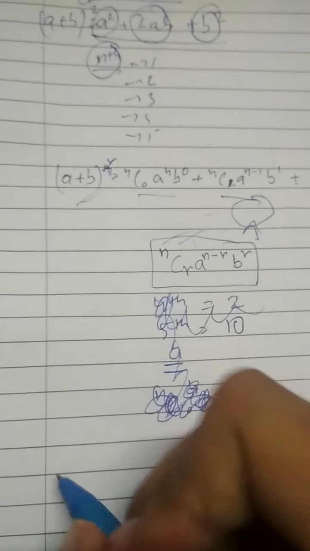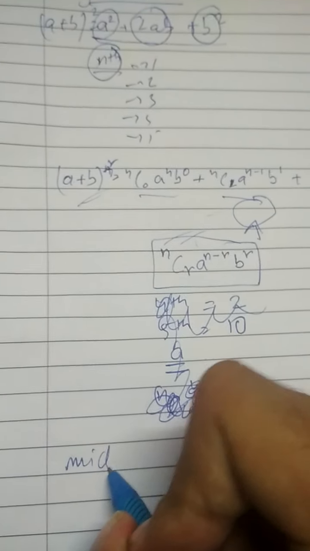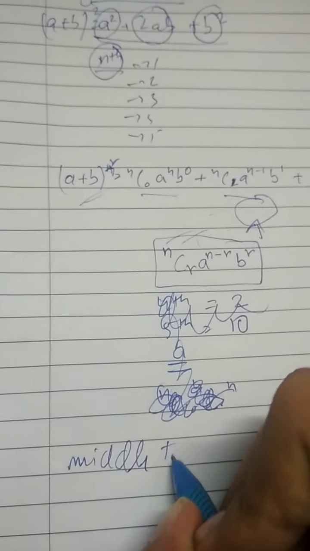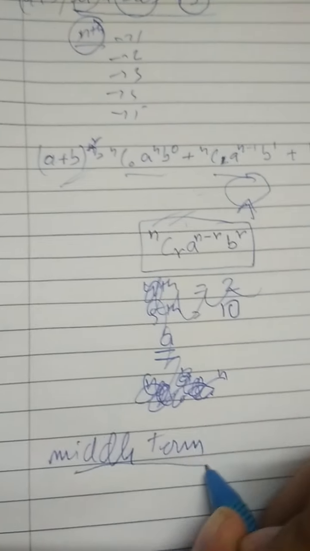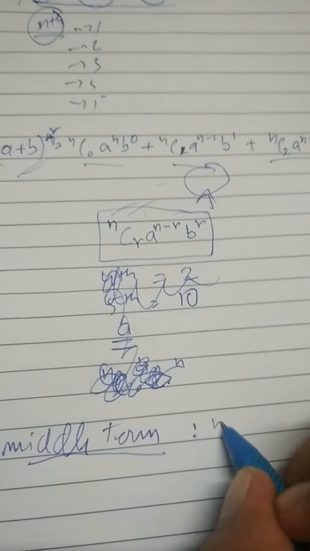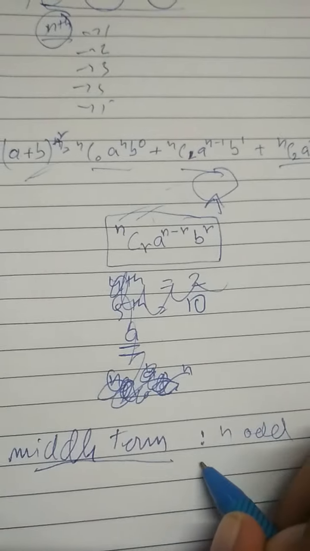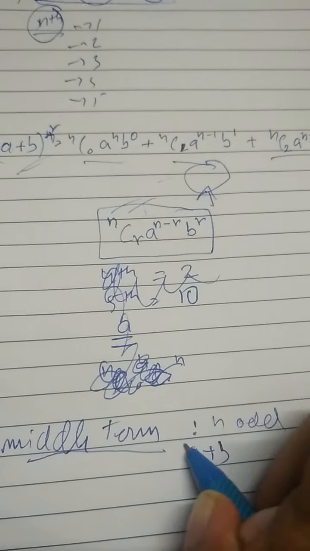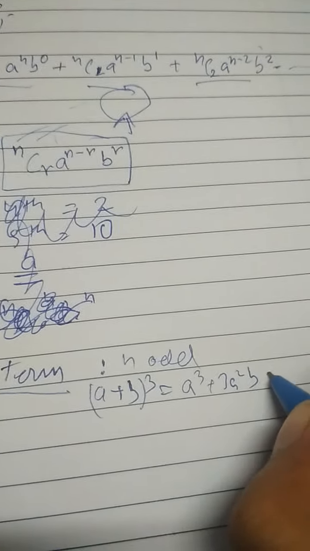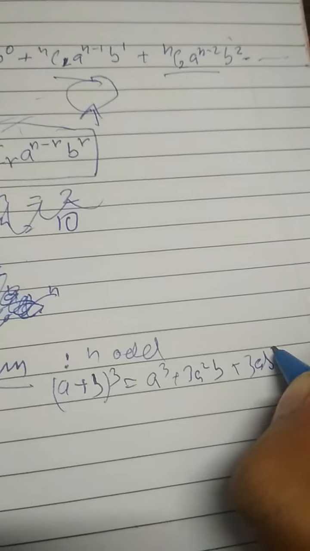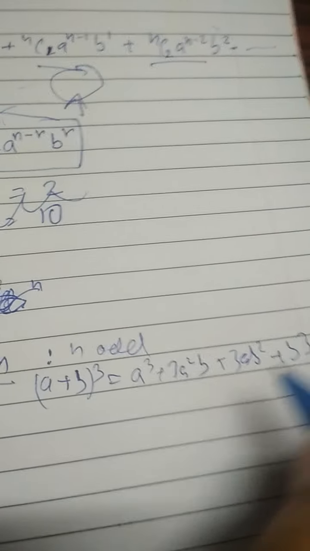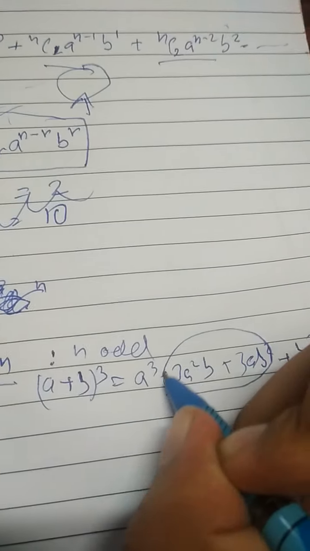Now let us find the middle term. What is the middle term? If n is odd, that is, (a + b) to the power 3, then we know there will be 4 terms. So we will have 2 middle terms.